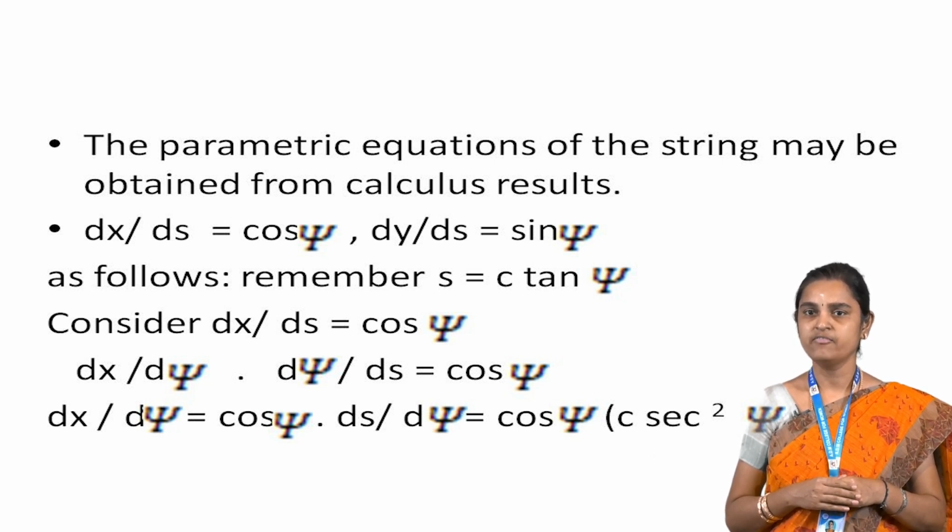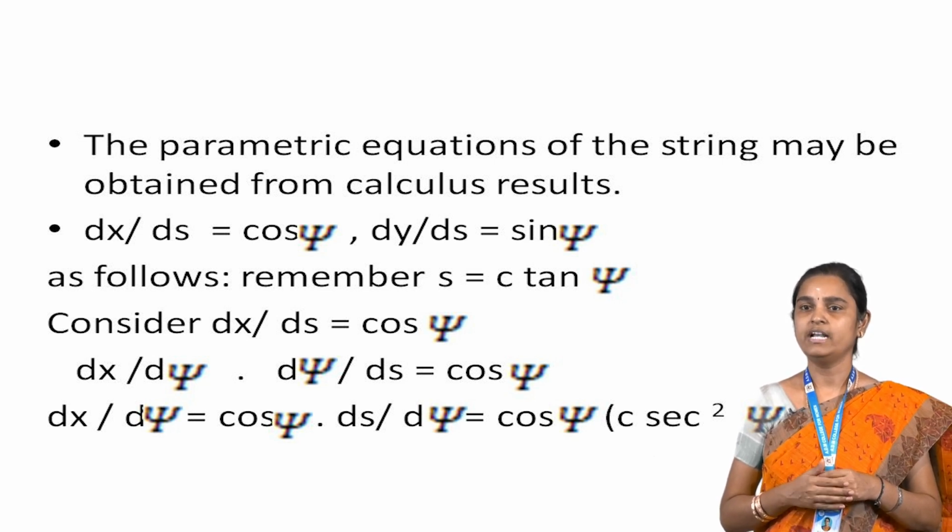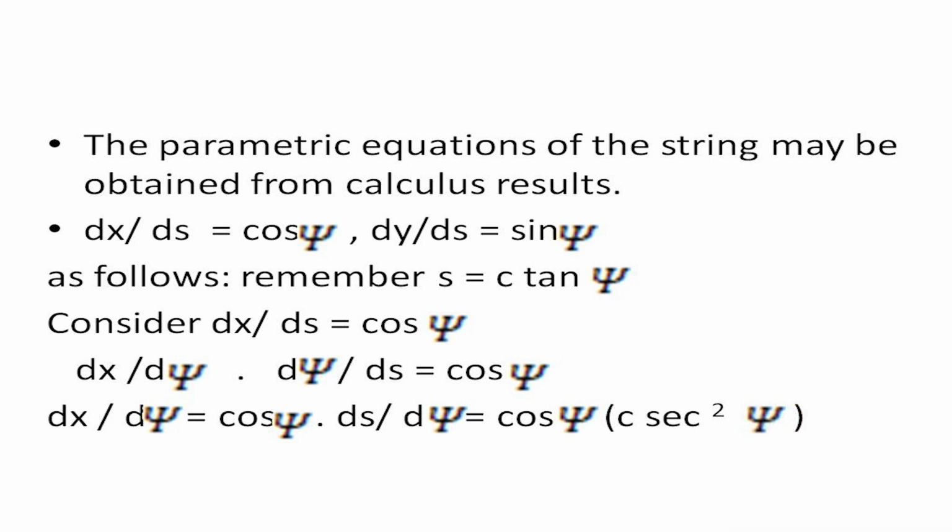Now you have to find dx by d psi. So dx by d psi equals cos psi into ds by d psi. Already we know that s equals c tan psi, isn't it? While differentiating s, c is a constant, so c, and the differentiation of tan psi is secant square psi. So altogether we get dx by d psi equals cos psi times c secant square psi.